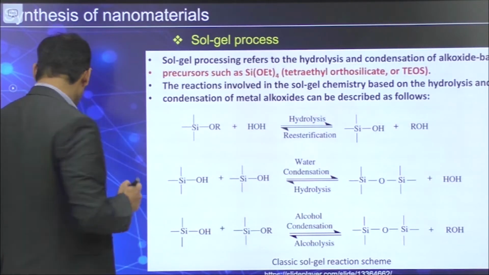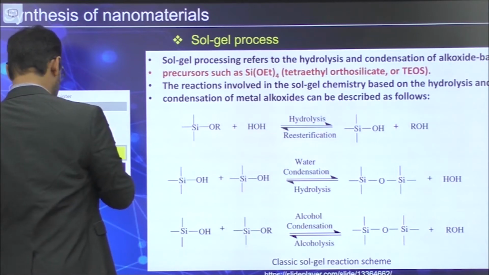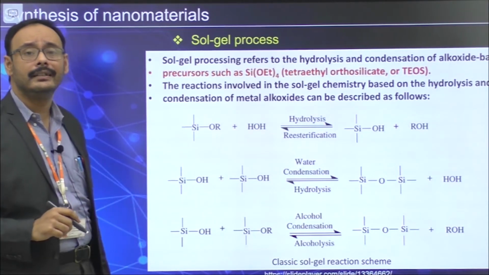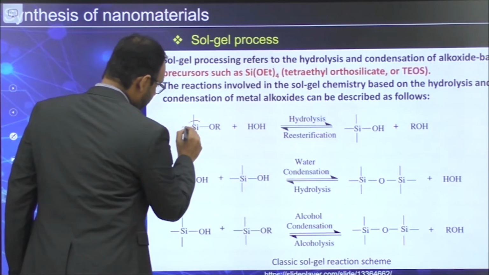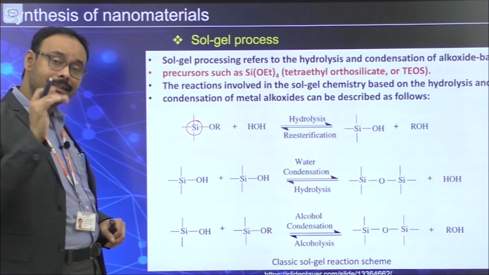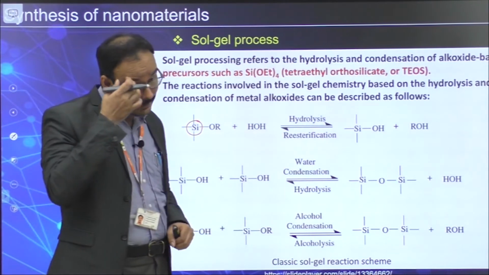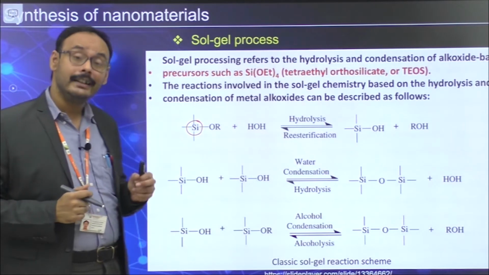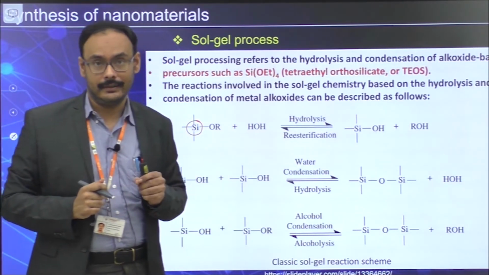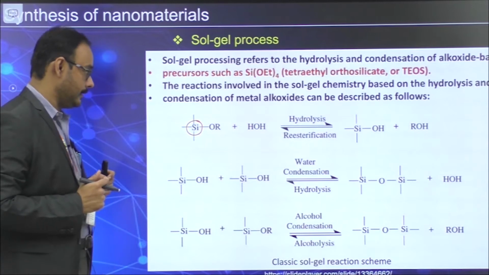Okay. So here what we have done, we have chosen silica precursor. The first step that we know, if you have listened to the previous slide, is that it is going to undergo hydrolysis. What do you mean by hydrolysis?